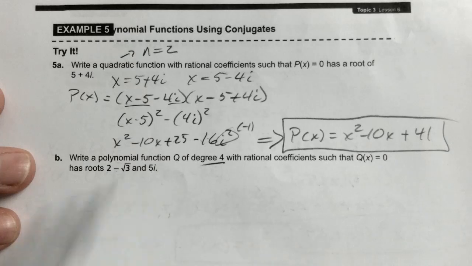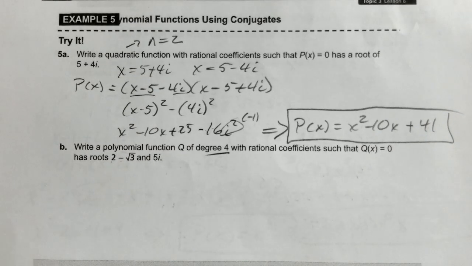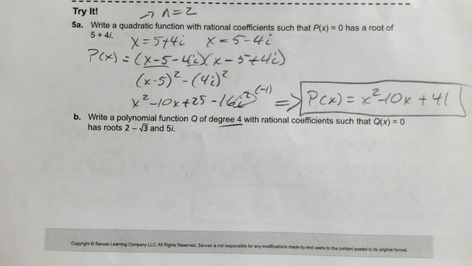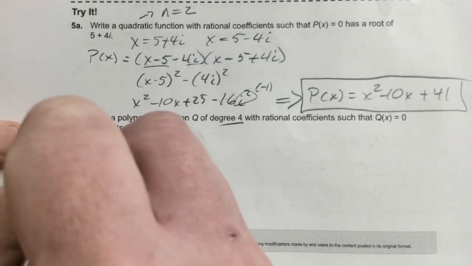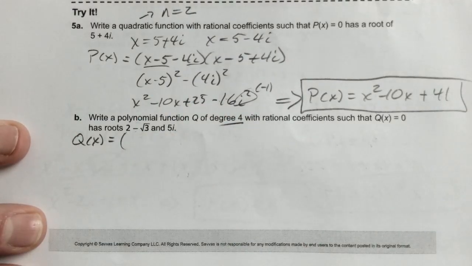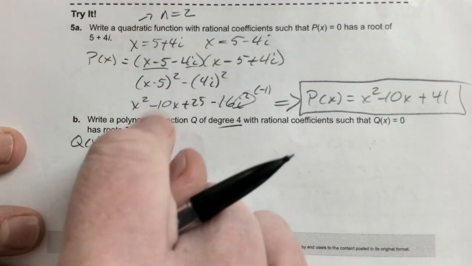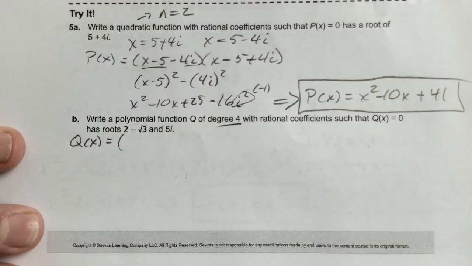2 minus root 3 and 5i. All right. We'll try and do this in this very little space, so wish us luck. So, we have q of x equals, now I'm just going to hop right to the factors. You know how to get the factors. Set them equal to 0 and then solve to get 0 by itself on the right side.